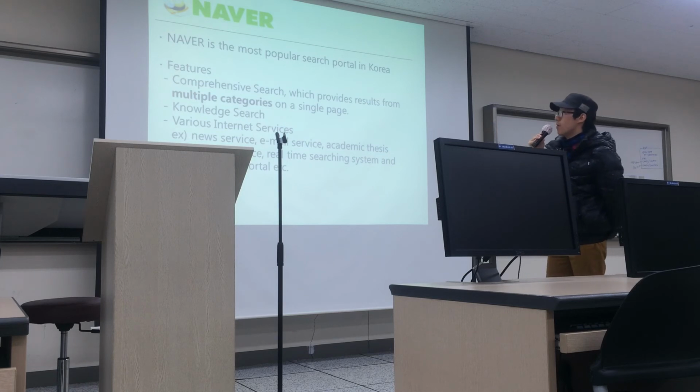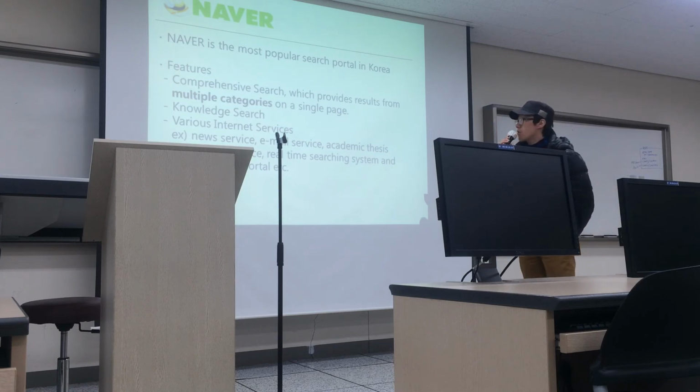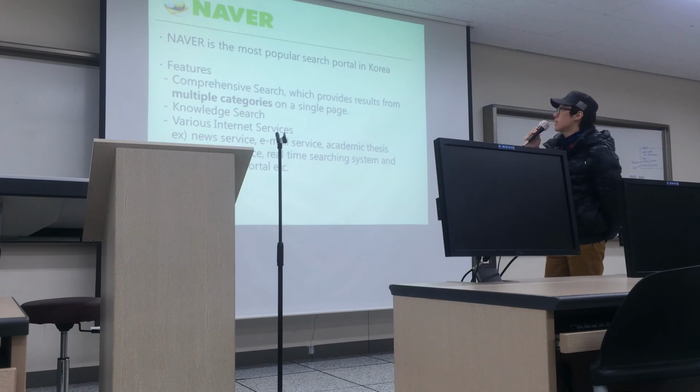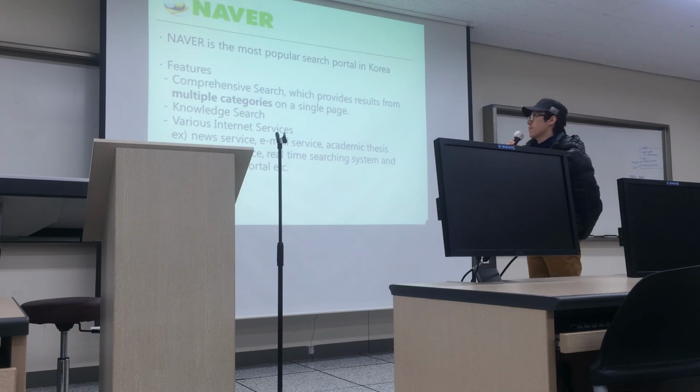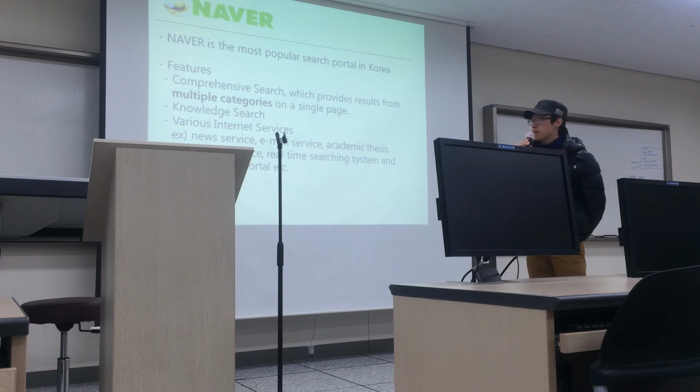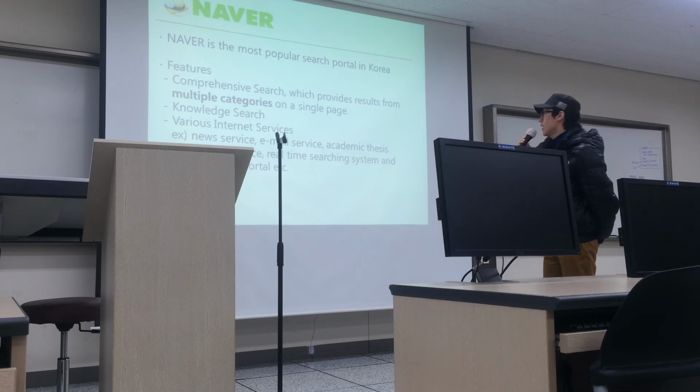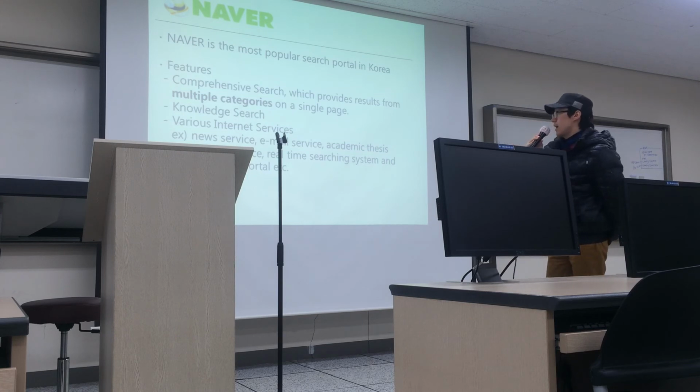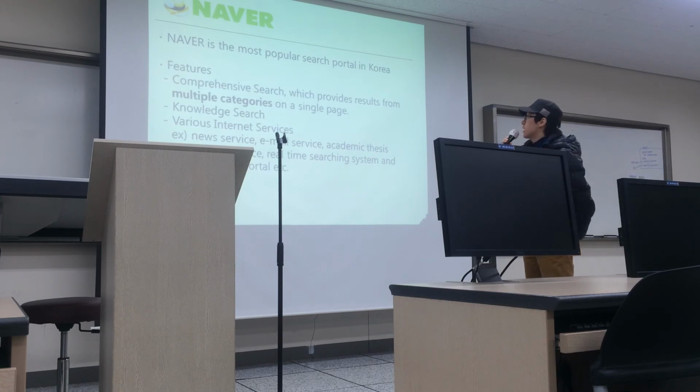And Naver has knowledge search, for example, Naver Knowledge iN. And Naver has various internet services, for example, news, email service, and academic search service, and Naver has a real-time searching system and a children's portal. Next.